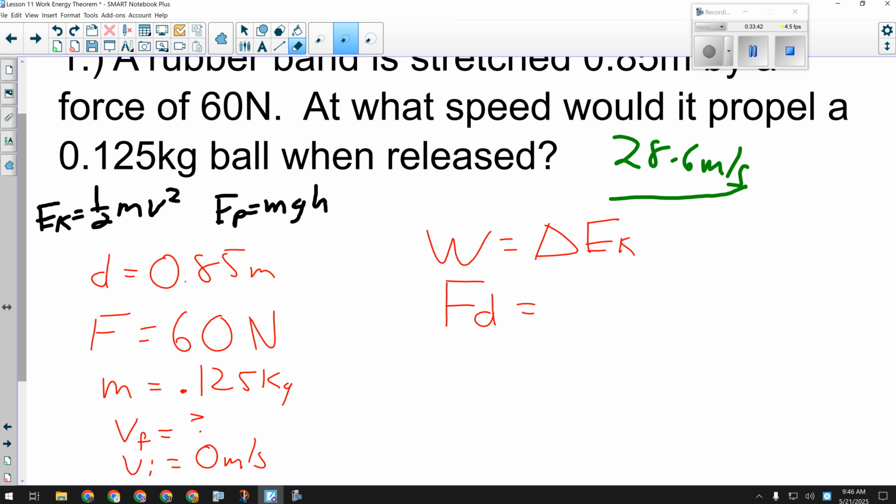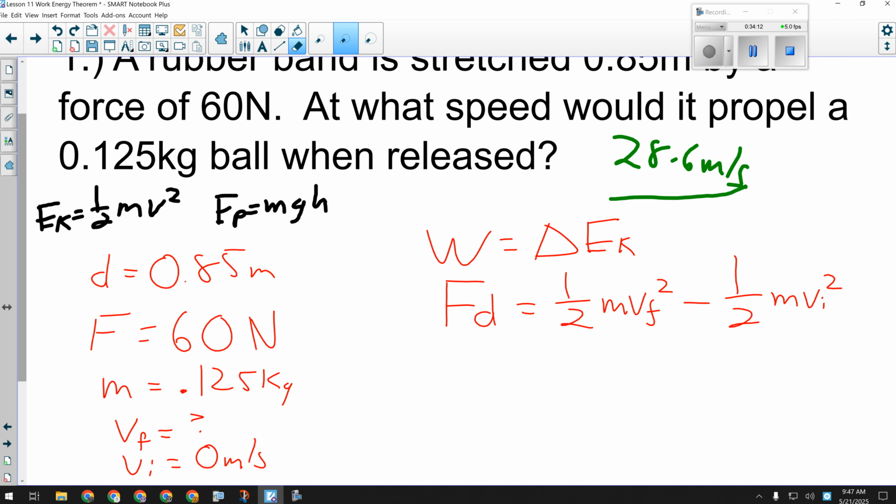All right, and to show change in kinetic energy, that would be the final kinetic energy, so 1/2 mvf squared, minus the initial kinetic energy, 1/2 mvi squared. Okay, if this was a potential energy question, I would have mghf minus mghi.